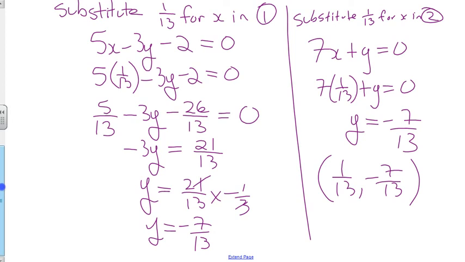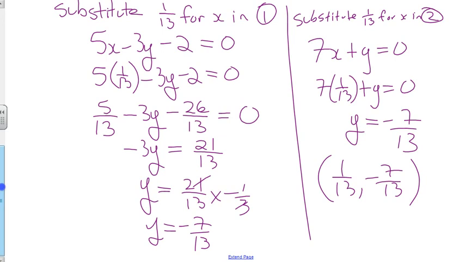And the problem is, it's not easy to check 1/13 and negative 7/13, right? If you do want to do it algebraically, when you check, we always go back to the original. Why? Because if you make a mistake in doing your rearrangement, when you solve the equation for the variable, you will have created a brand new system, which will have a different solution from the original system.